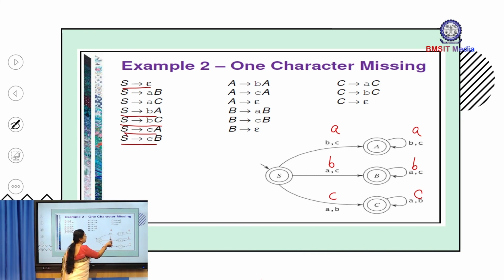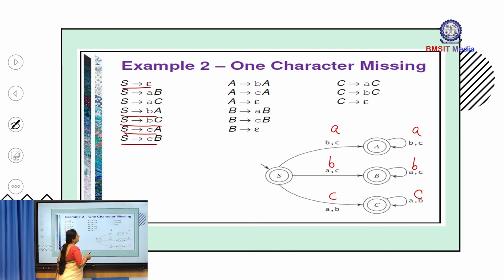From the start state, how many transitions are there? You have two transitions leading to capital A, two transitions leading to capital B, and two transitions leading to capital C. So you will get almost 6 transitions here. All those 6 transitions are transformed into equivalent rules in the regular grammar. So it's S tends to AB, S tends to AC and so on.